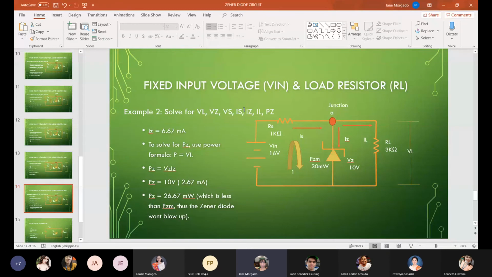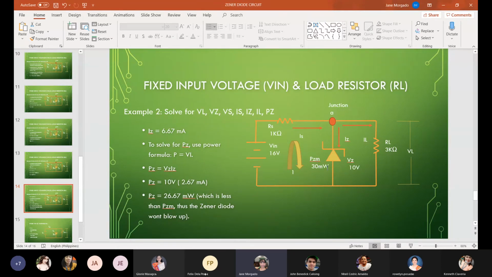Okay. Ano pa? So, meron na tayong IS, IZ, IL. So, PZ na lang. Alamin naman natin kung kakayanin ba ni Zener, kasi you have the maximum specs, PZM, ang maximum power that the Zener can handle is only 30 milliwatts.